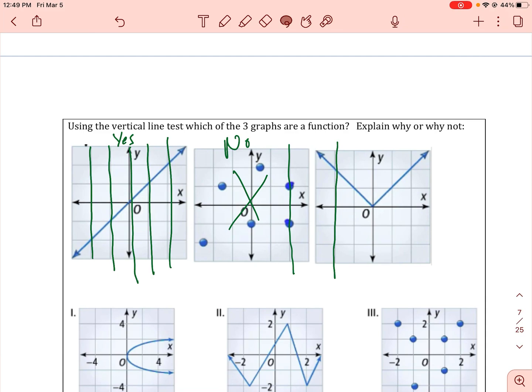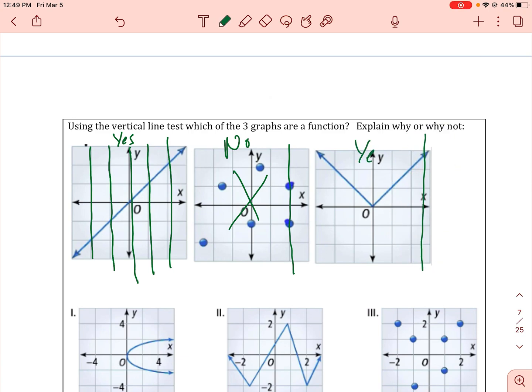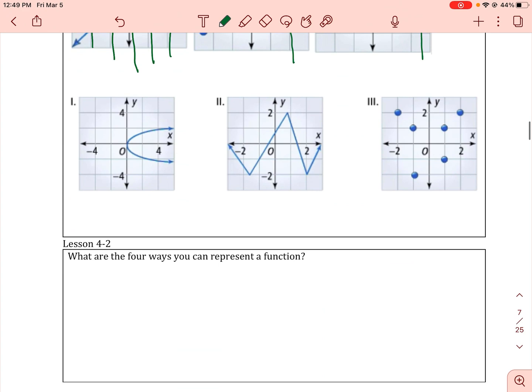So let's test out this absolute value. See how I'm only touching the graph once? So therefore, this is a function. If I draw a vertical line, right here, it touches twice, so this would be a no. Draw a vertical line, and take it all the way across.